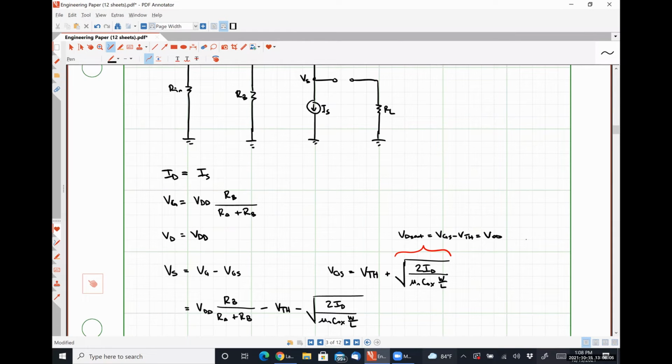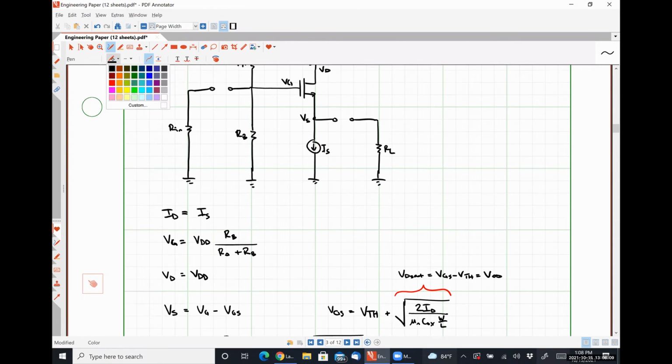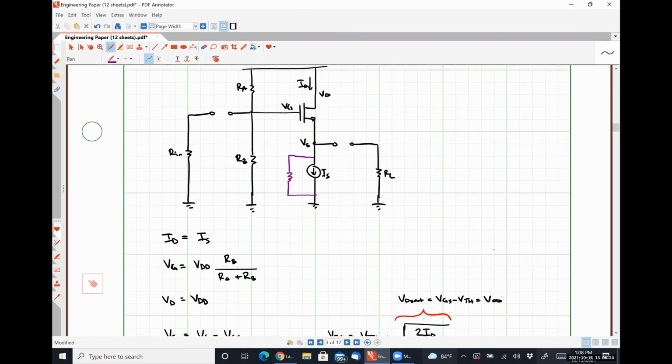Before we move on to our small signal model here, let's talk about what's going to happen if we introduce some resistance here that I'm going to call RCS, our current source, okay?